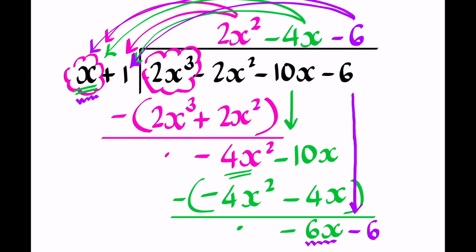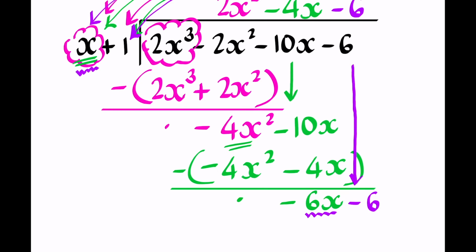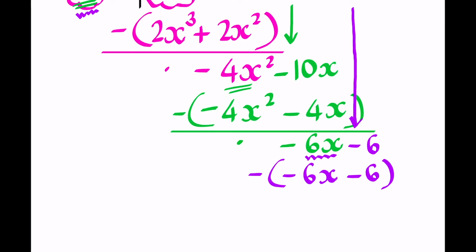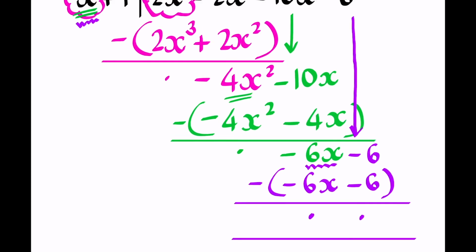So I have minus 6 times x, which is negative 6x, and negative 6 times positive 1, which is negative 6. Long division, I'm going to subtract. So minus 6x minus minus 6x, which is minus 6x plus 6x, so those are going to cancel. Minus 6 minus minus 6, which is minus 6 plus 6, they also cancel. So that means, therefore, that I have no remainder.